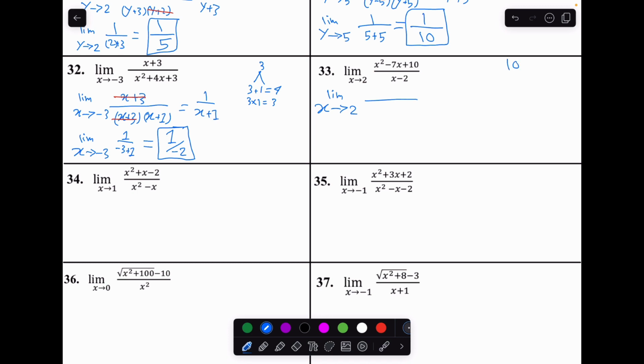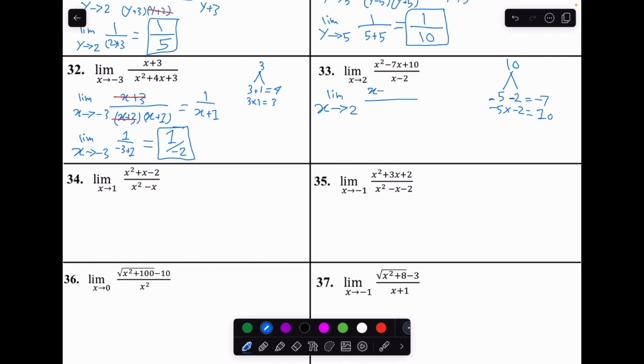So let's try 5 and 2, but negative 5 and negative 2. Negative 5 minus 2 is negative 7, and negative 5 multiplied by negative 2 is equal to positive 10.